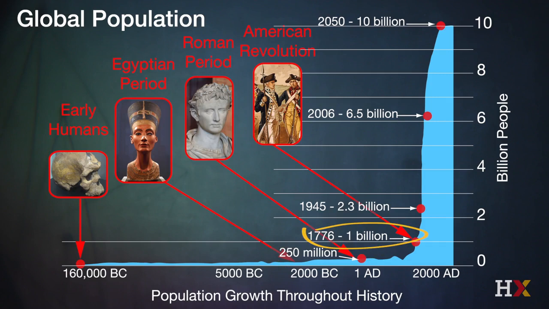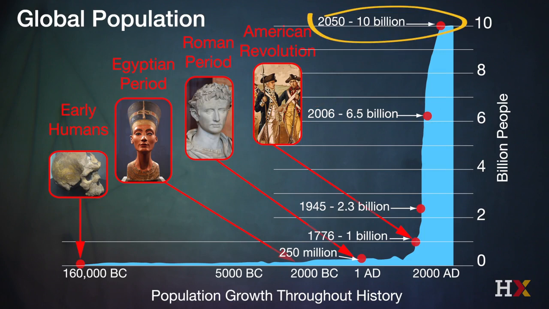Total population reached just over 2 billion at the point of the Second World War. But in 2006, 6.5 billion, and it's headed for 10 billion people in 2050. So that's the plot of global population versus time over the centuries.